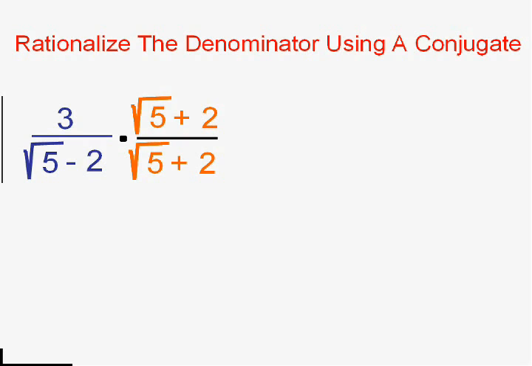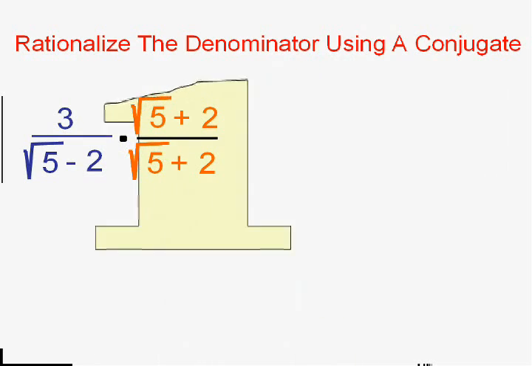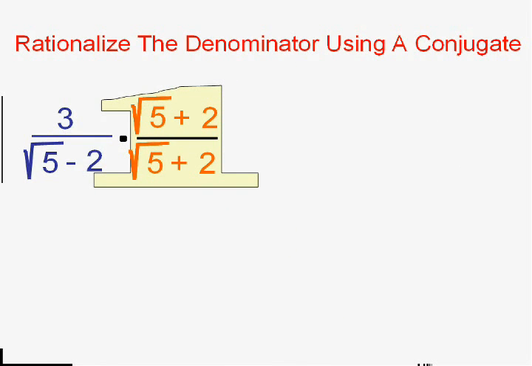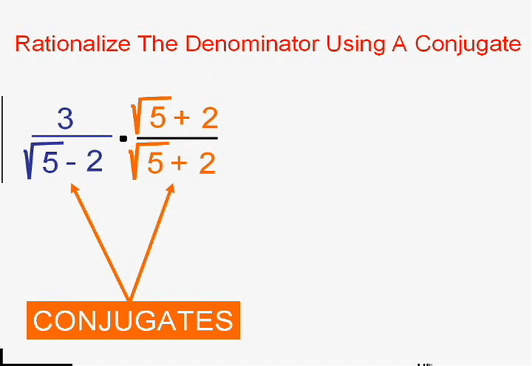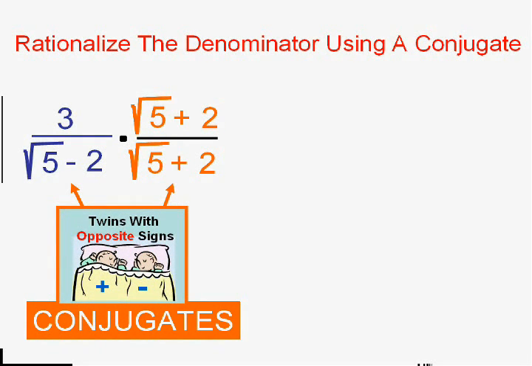Now certainly we have to do the top and bottom by the same thing, because then we're still using that trick. We're multiplying by 1. But recall what conjugates are. They're the odd couple. They're twins with opposite signs. And what's that going to buy me?